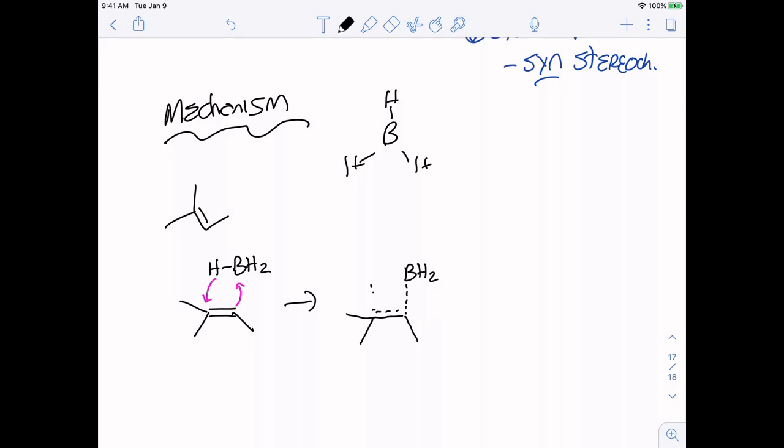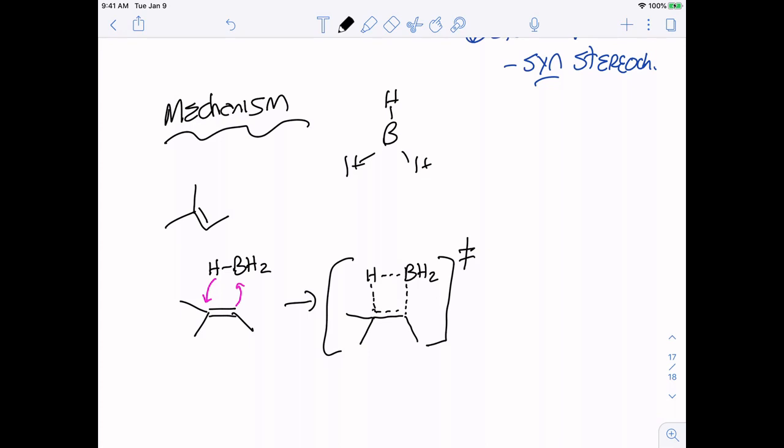I'm forming a bond between this carbon and that hydrogen, and then I'm breaking the bond between that hydrogen and that boron. It is a transition state, so I put brackets and my double dagger symbol. So I get this square transition state where I'm forming both of the bonds at the same time. And by both of the bonds, I mean the bond between the carbon and the hydrogen and the bond between the carbon and the boron.